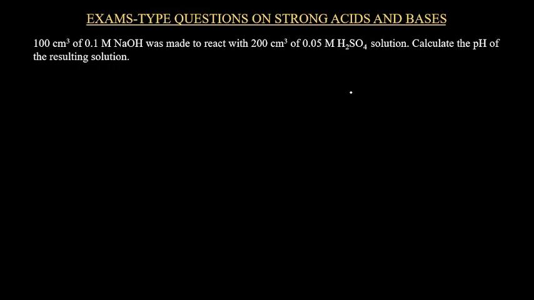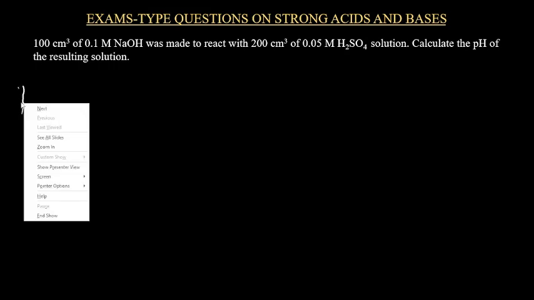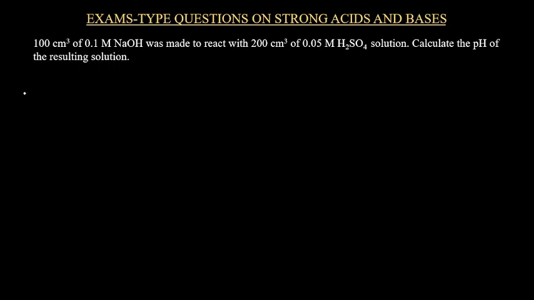So, the first thing we have to do is to analyze the solution. And to analyze that, I love to do this. Let's take this as a beaker, and let's say this is 100 cm cube, and this 100 cm cube is the volume of sodium hydroxide solution.